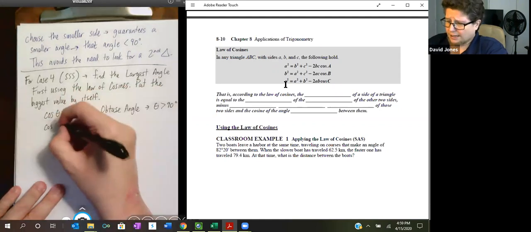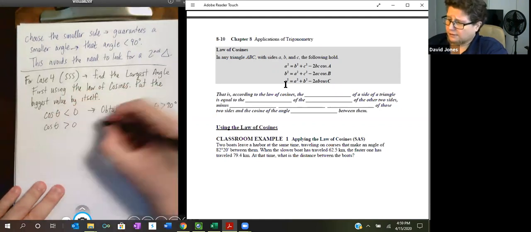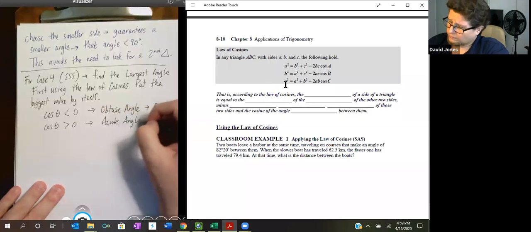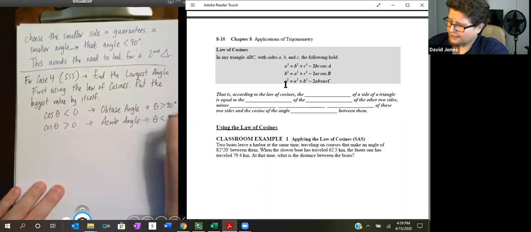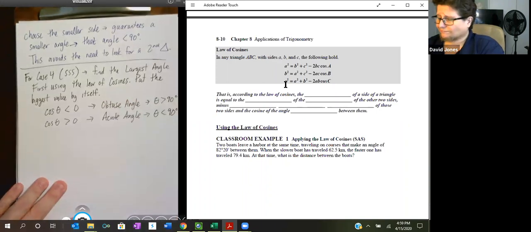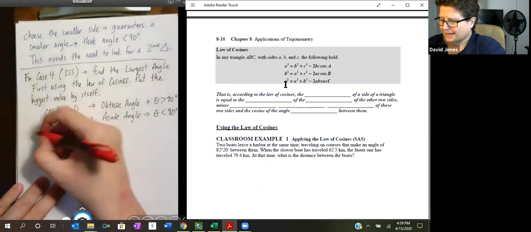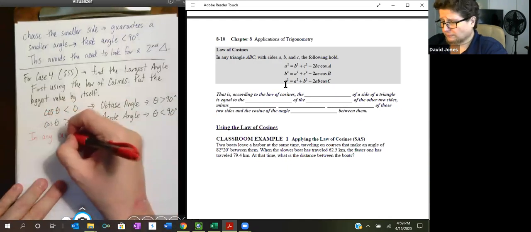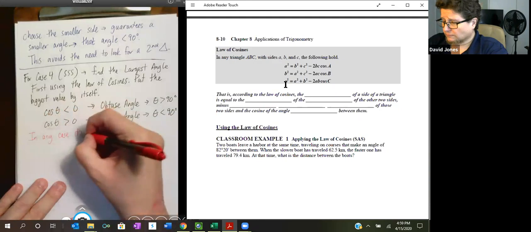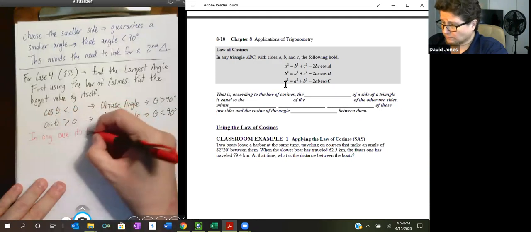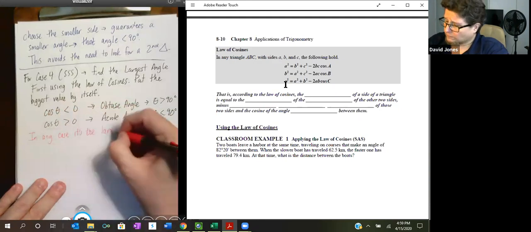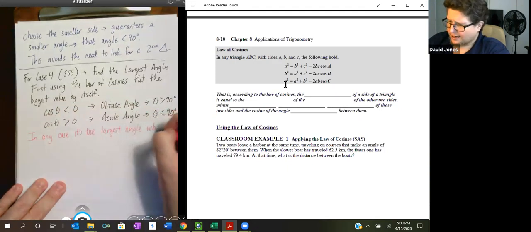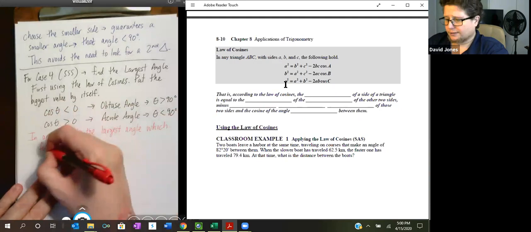And if cosine theta is greater than 0, it's an acute angle, so theta is less than 90. In any case, it's the largest angle, which forces the other two angles to be acute.